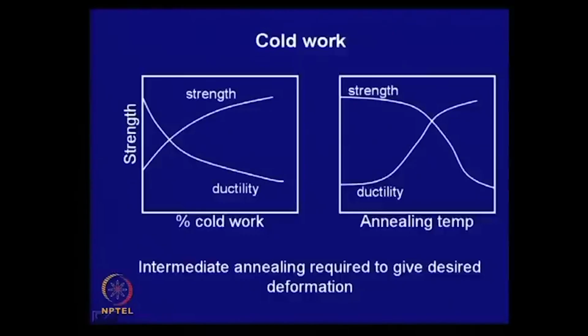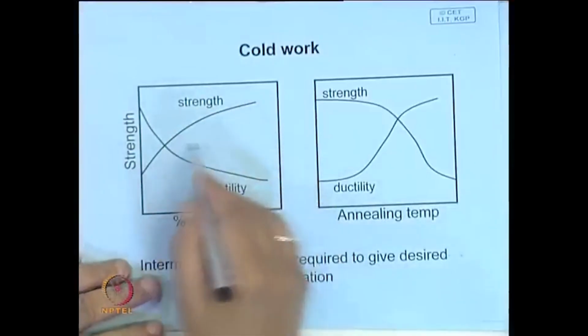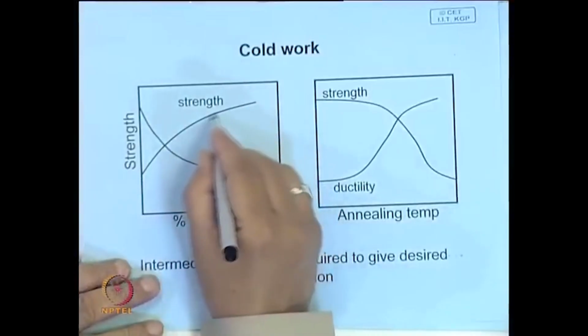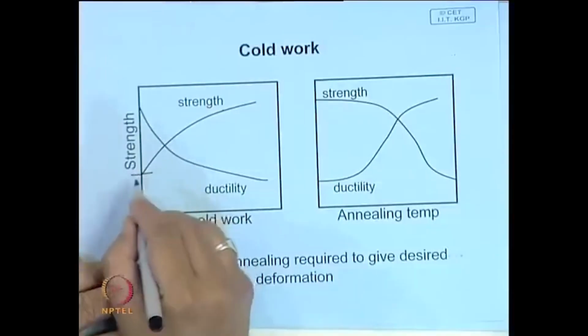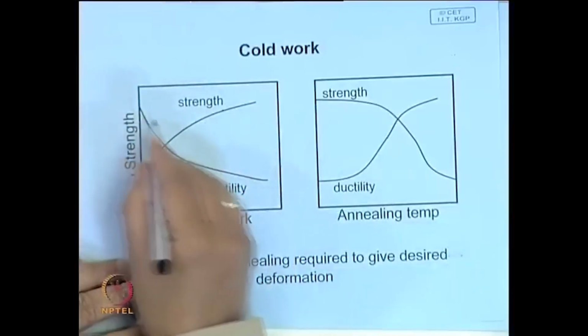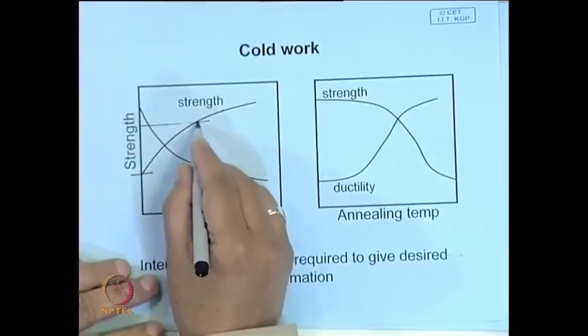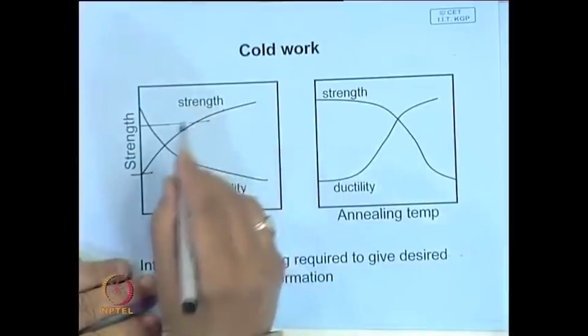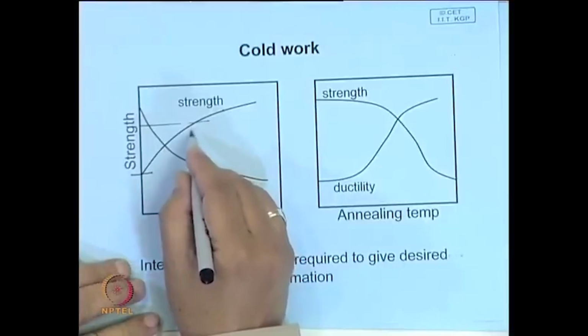So, after a certain amount of cold work, imagine that initially the stress required was here, and here it has become double. You may think that my press is not large enough to give this much load, so we must somehow bring down the strength.